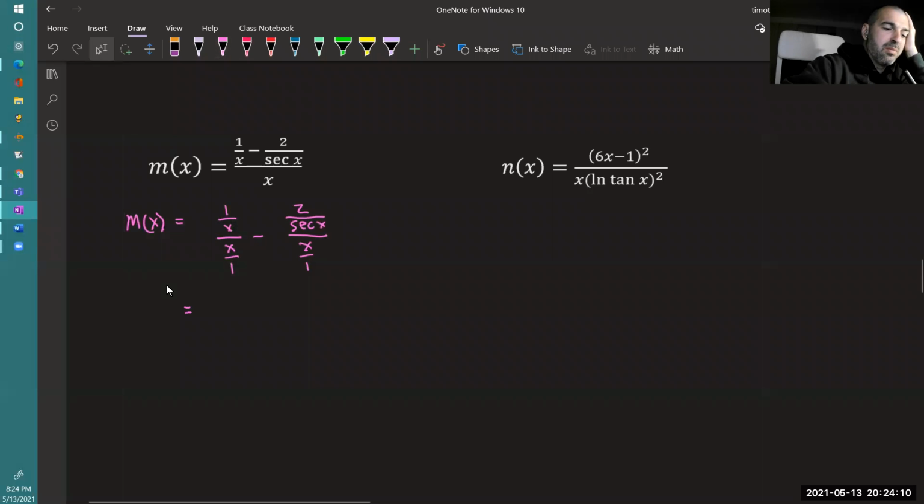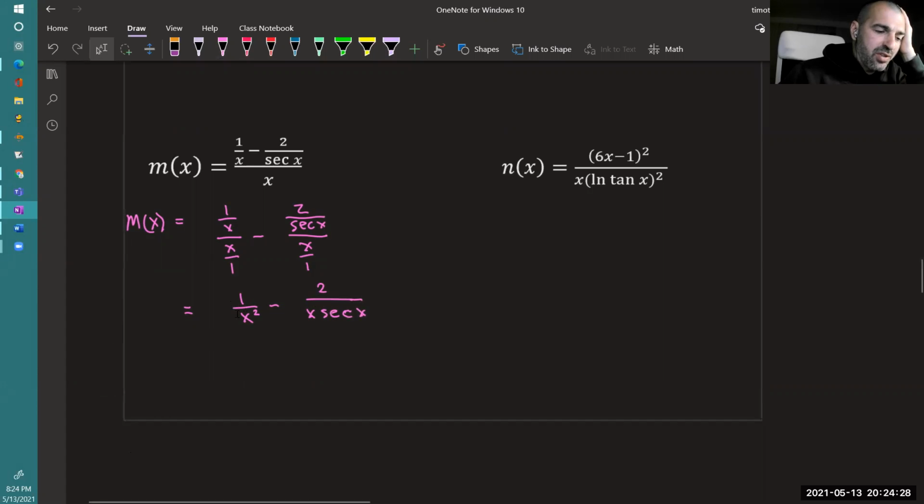So it actually becomes 1 over x squared minus 2 secant, and so this is going to be 2 over x secant x. All right.